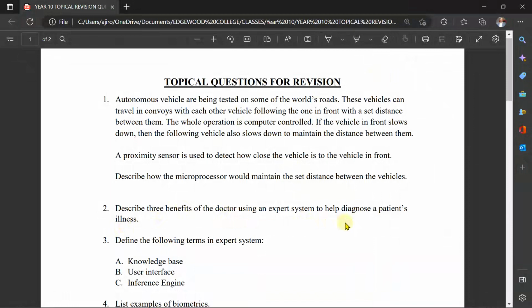The third point is, it is responsible for gathering information from the user by asking a series of questions and applying responses where necessary. So each question is based on the previous response. And the final one is, the inference engine is the problem-solving part of the expert system, which makes use of the inference rule known as your rule base. So that's just what it is. It's important that you put them in points.